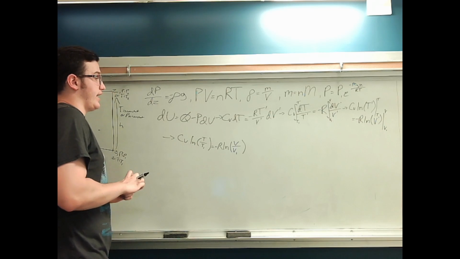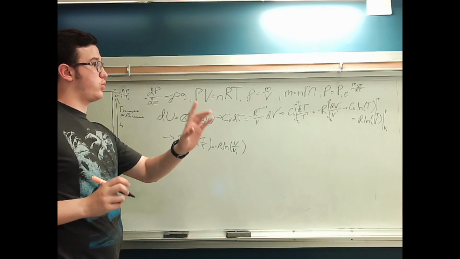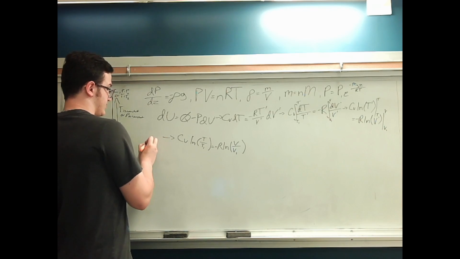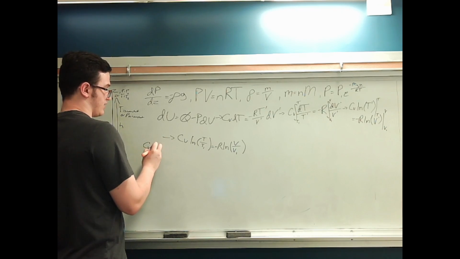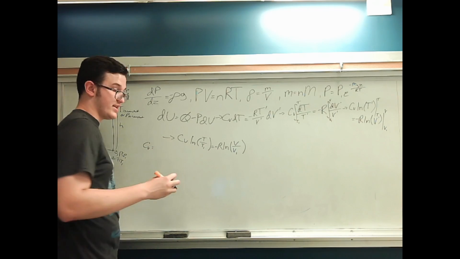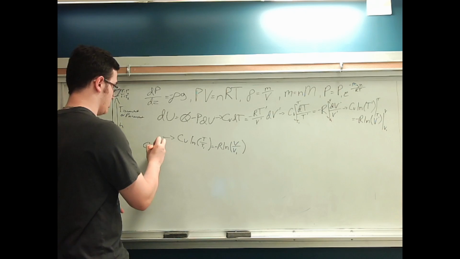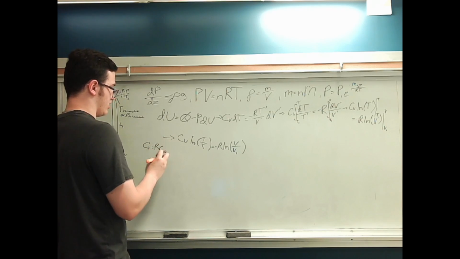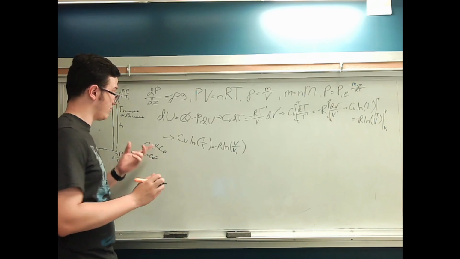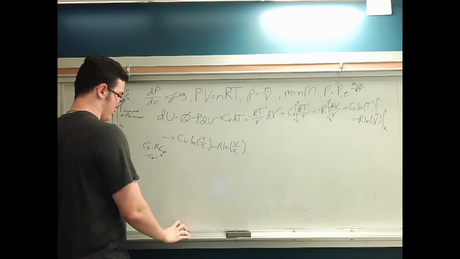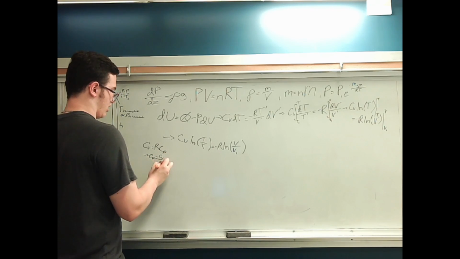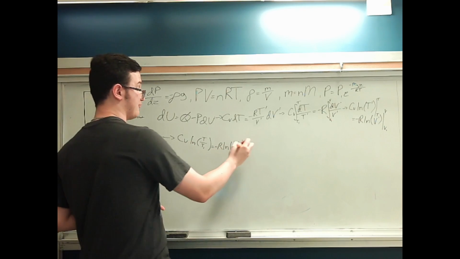However, quick aside, we know from thermodynamics that Cv, specific heat, is equal to R times Cp, which is the specific heat capacity. This also means that specific heat capacity is equal to Cv divided by R. That'll be coming up in a minute.